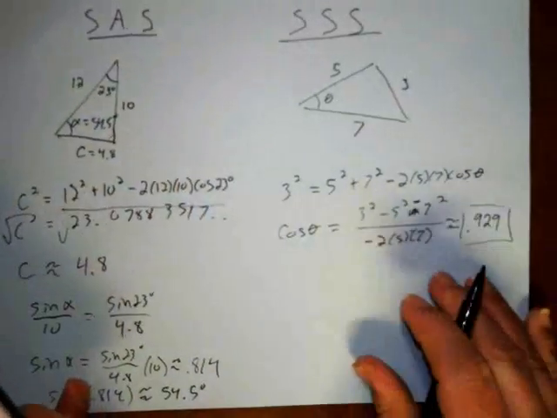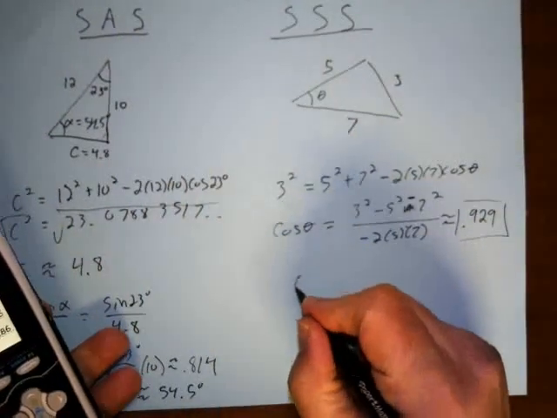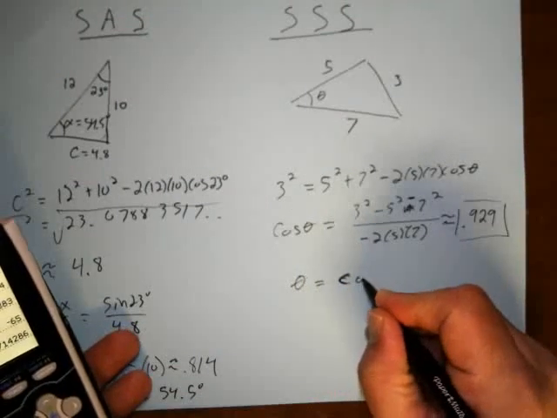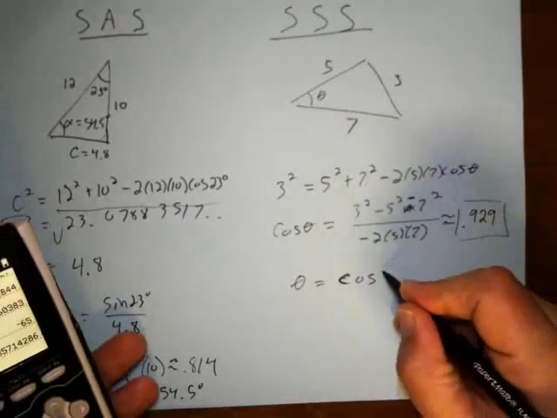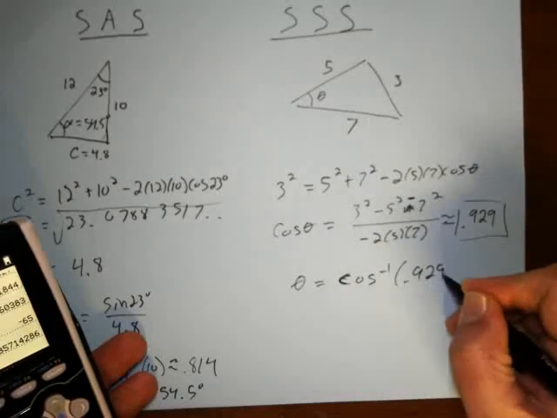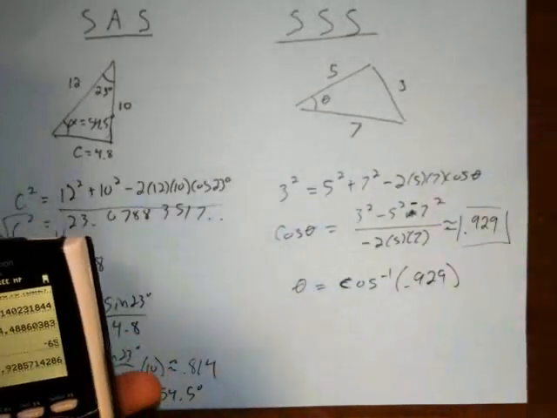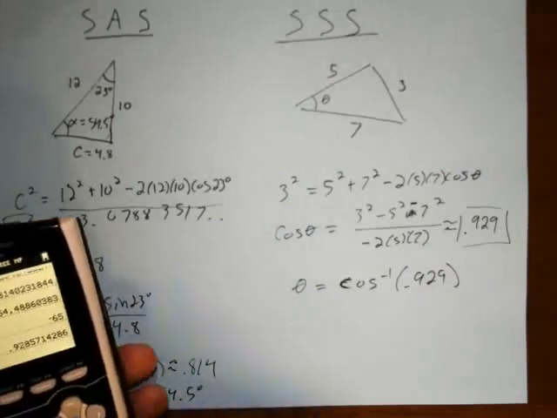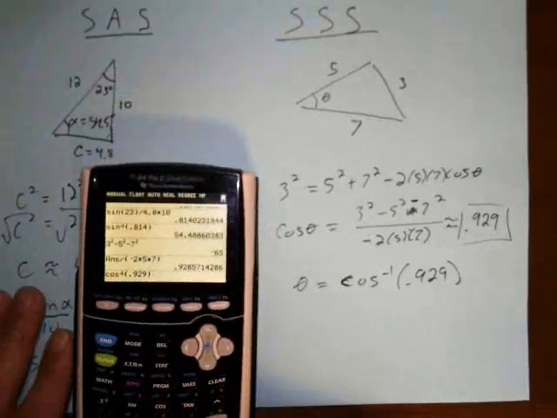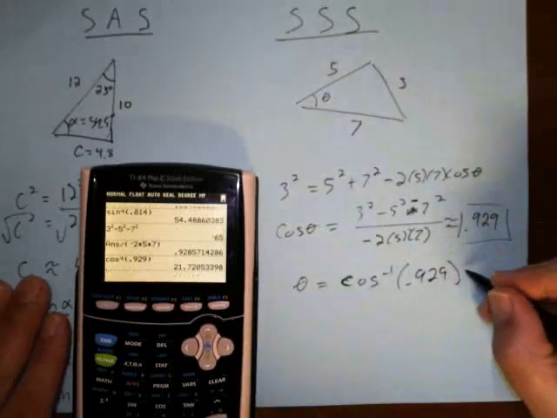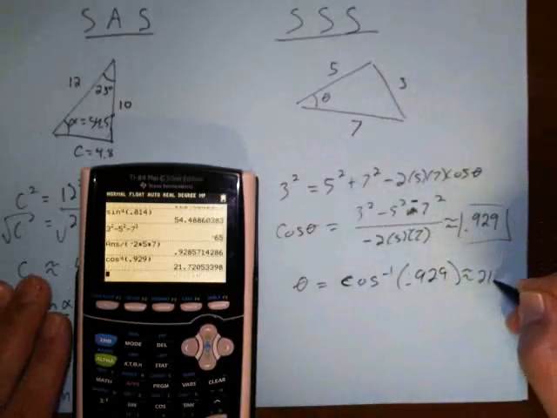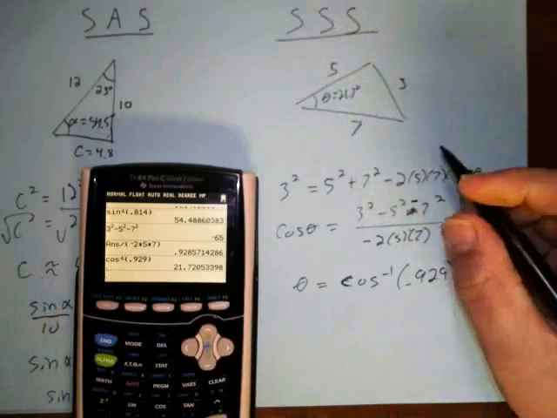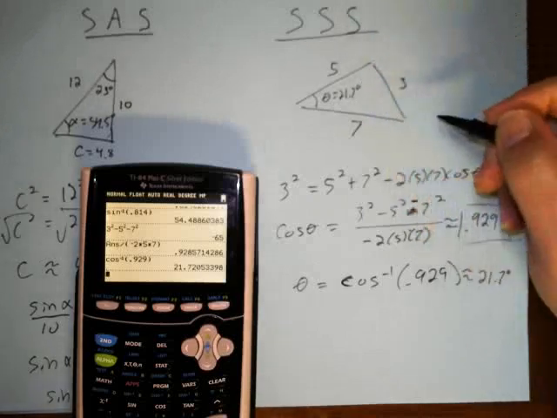And so now I can solve for theta. This would be cosine inverse of 0.929, and I get that this is approximately 21.7 degrees. Then you could find the other angles as well.